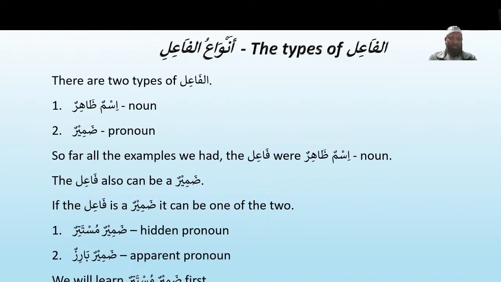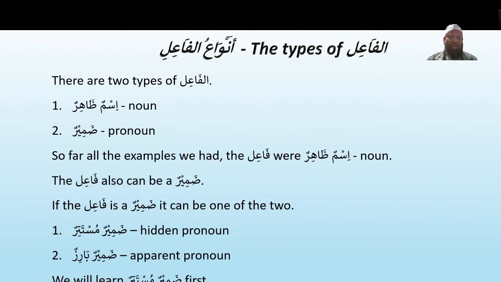Today's lesson mainly is anwa'ul fa'ili, the types of al-fa'il. There are 2 types of al-fa'il. Number 1, ismun zahirun, noun. Number 2, damirun, pronoun.